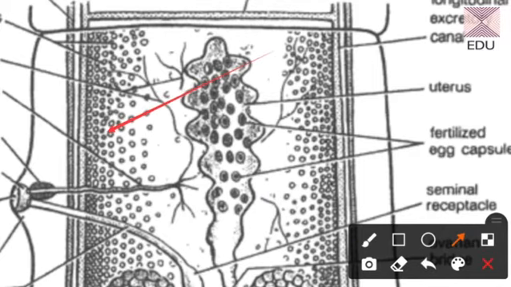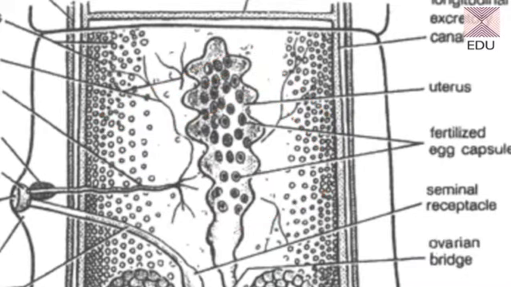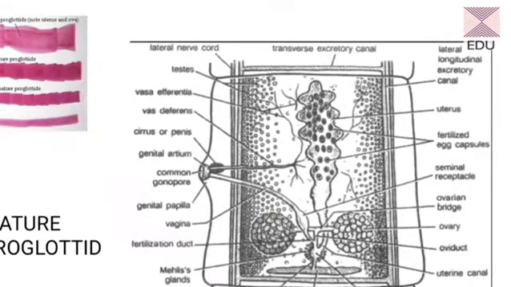All these small ball-like structures are testes. We have these testes on both sides, scattered inside the mature proglottid. They are numerous in number, small in size, oval and round in structure.